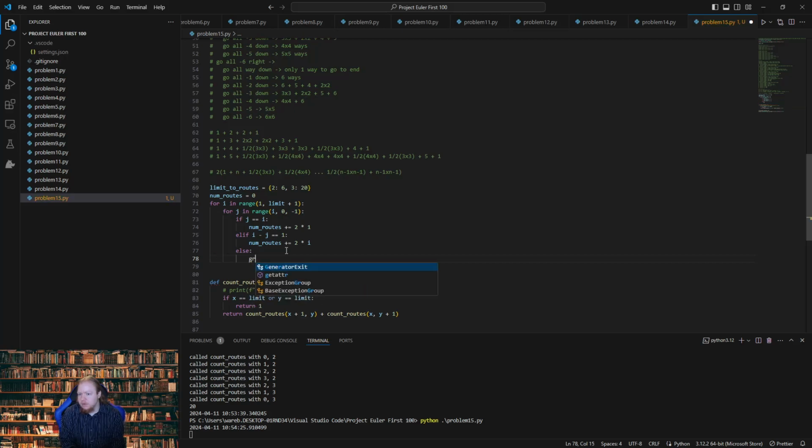Else size equals i minus j. And what we want to do, okay, so let's say else if i minus j, kind of trying to think through this part.